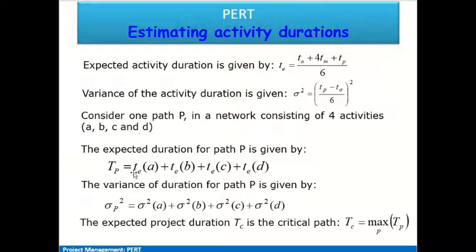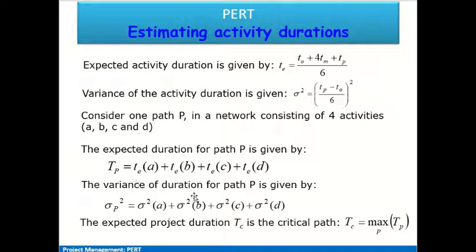So this is shown over here, that if we have a path P where A, B, C and D activities are involved, then the total sum of durations is the summation of the different estimates for activities on that path, that is A, B, C and D activities.